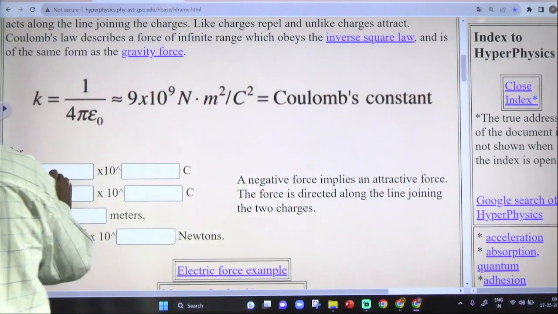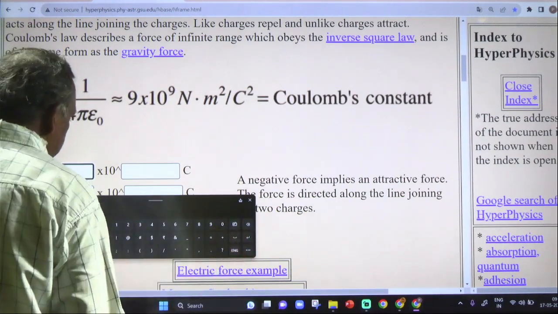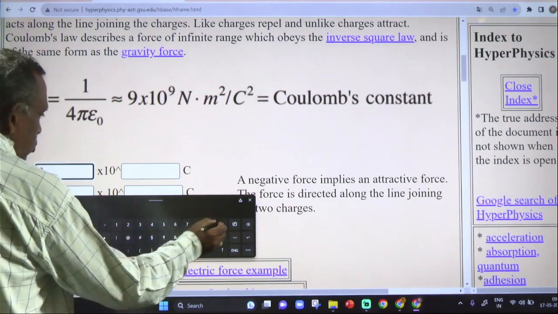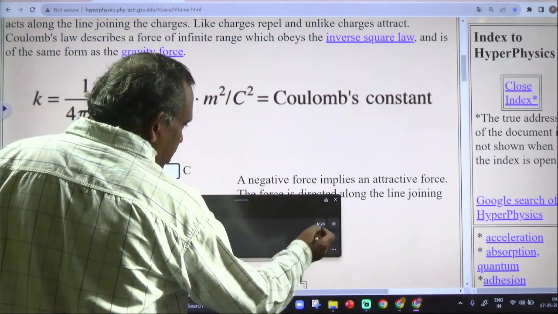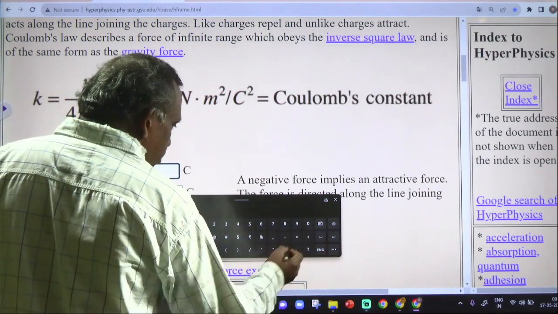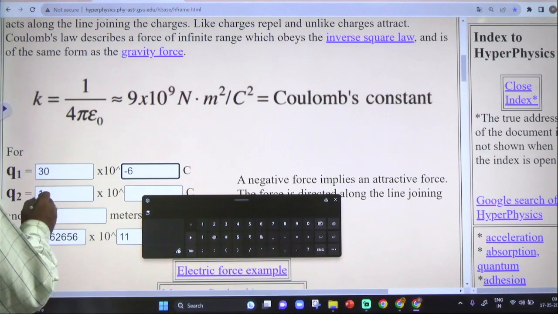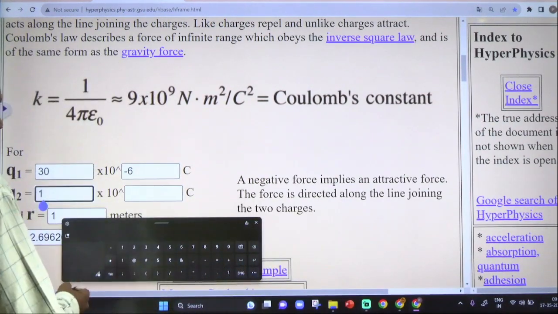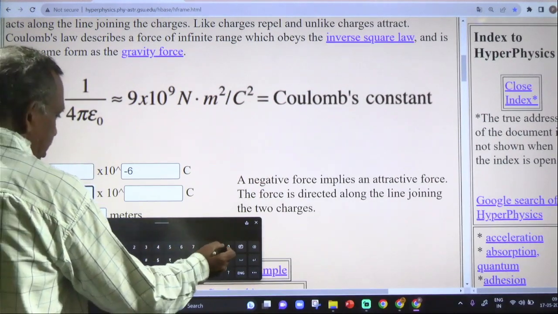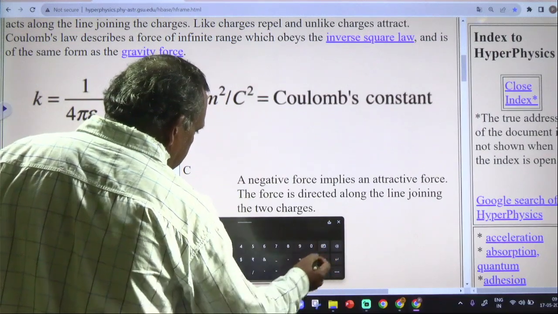Let us take the value of Q1 as 30 into 10 power minus 6. The Q2 value, let us take 10 into 10 power minus 6.